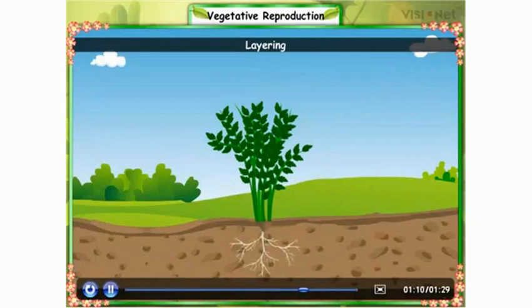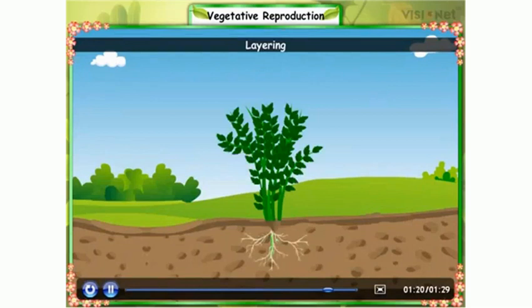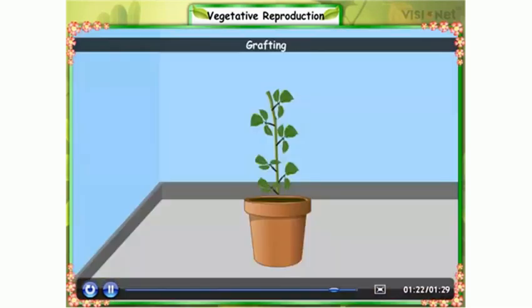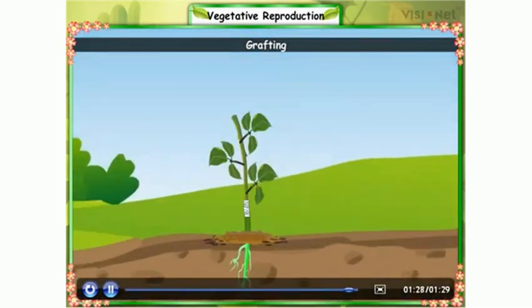Layering. See this jasmine plant. Its lower branches are buried under soil which then develops new roots which is later separated from the parent plant. Grafting. Here, two different types of plants are joined together by tying a knot.